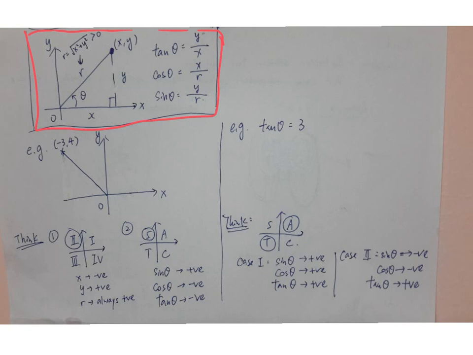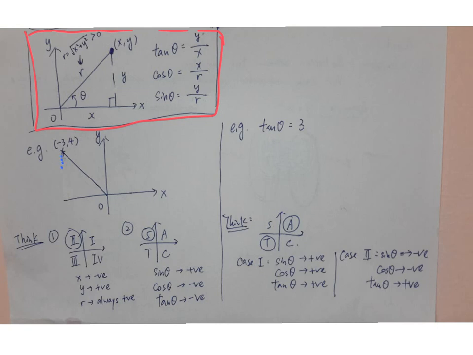So after you remember this, then you can do the questions. There are 2 types of questions. The first type is given the graph, and then you have to write down the sine, cosine, and also the tangent theta. So I think this one should be easy for you.